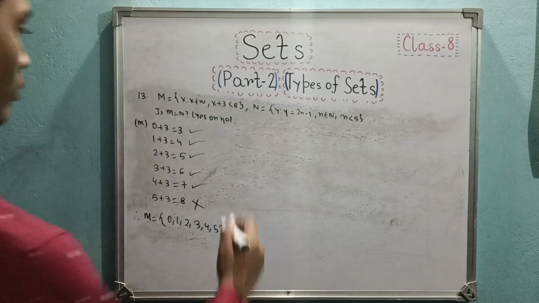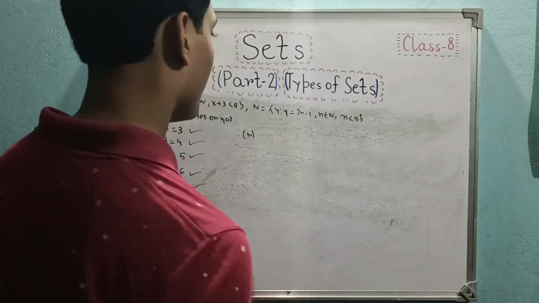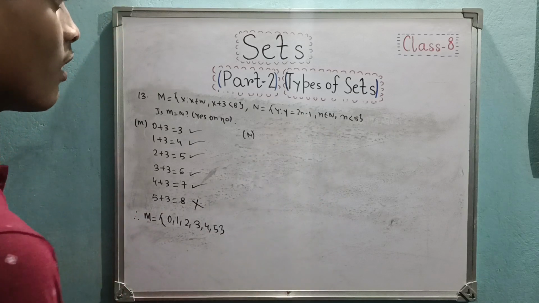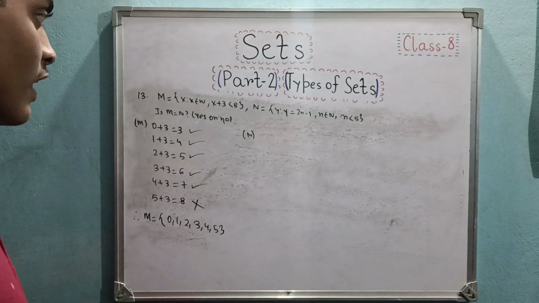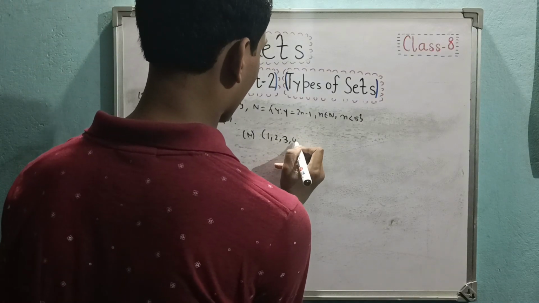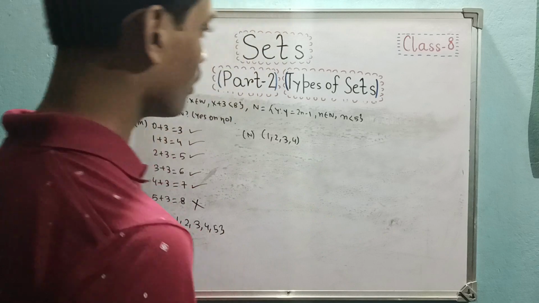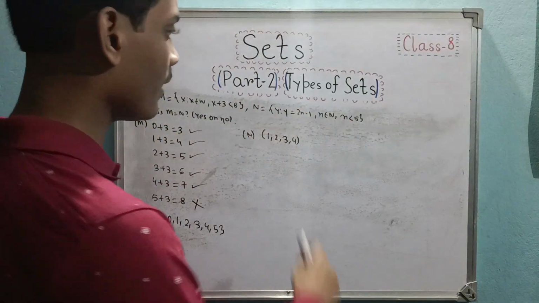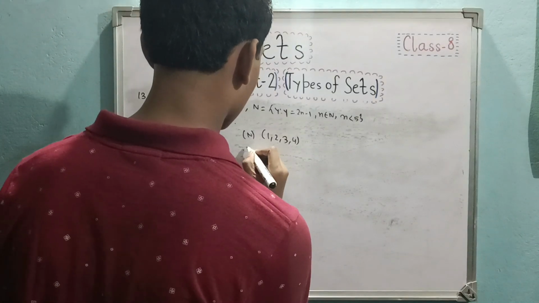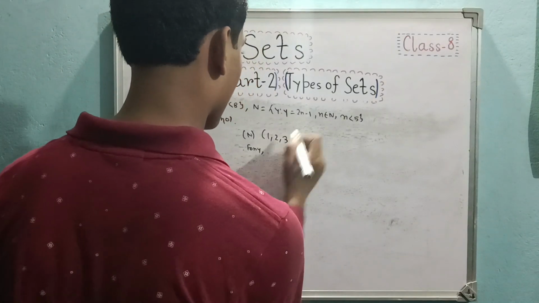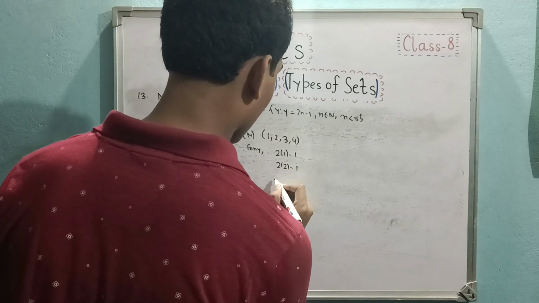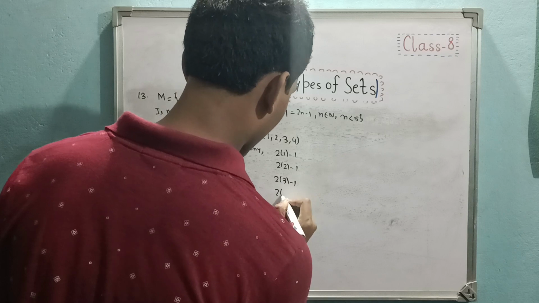Now for N, let's solve for N. I have y equal to 2n minus 1. N belongs to natural numbers, n is less than 5. What are the natural numbers less than 5? 1, 2, 3, 4. Now according to the question, to get y's values, we have to multiply each number of n by 2 and subtract 1. For y, the values are 2 into 1 minus 1, 2 into 2 minus 1, 2 into 3 minus 1, 2 into 4 minus 1.